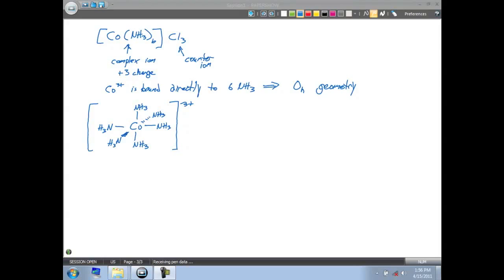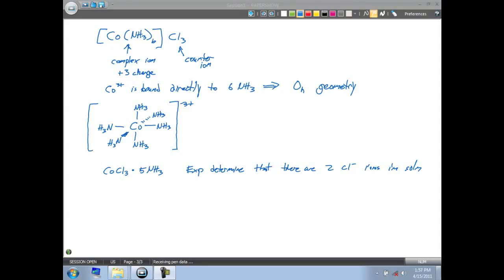We can do the exact same thing for the CoCl3 with 5 NH3. In this case, we're going to experimentally determine that there are 2 Cl- ions in solution.